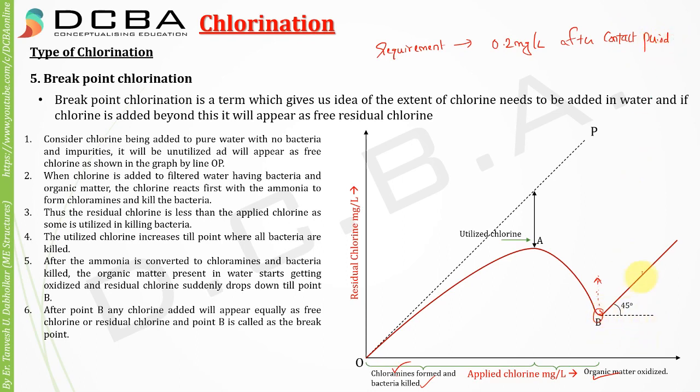So let's say till this point is 0.2 milligrams per liter. So you will chlorinate only till this point, so that this much residual chlorine is there after some contact period.